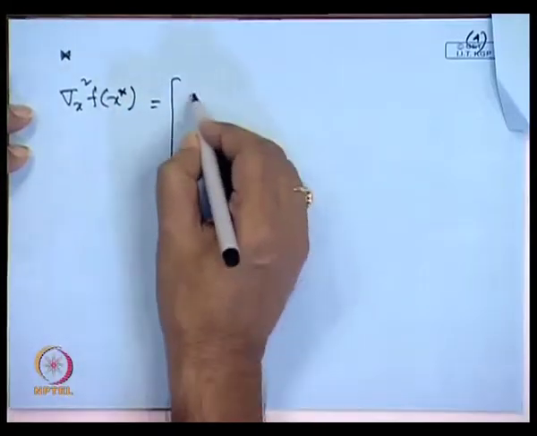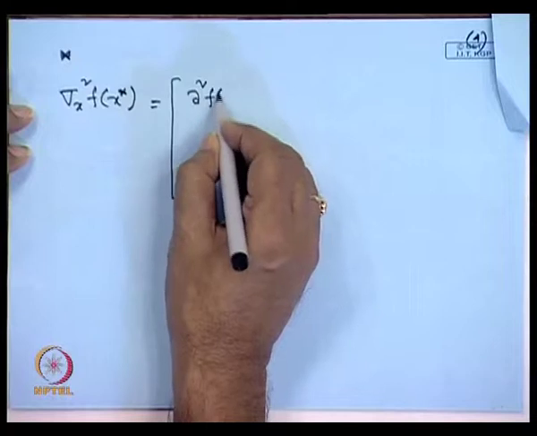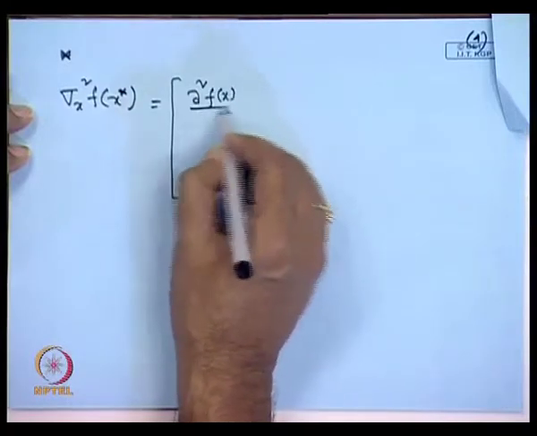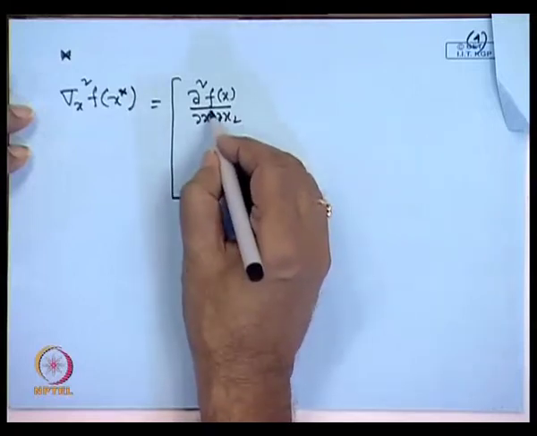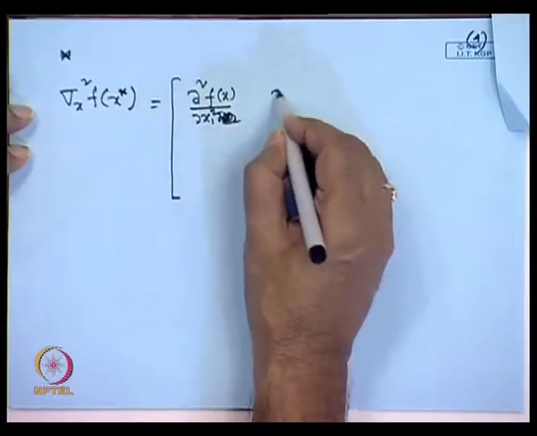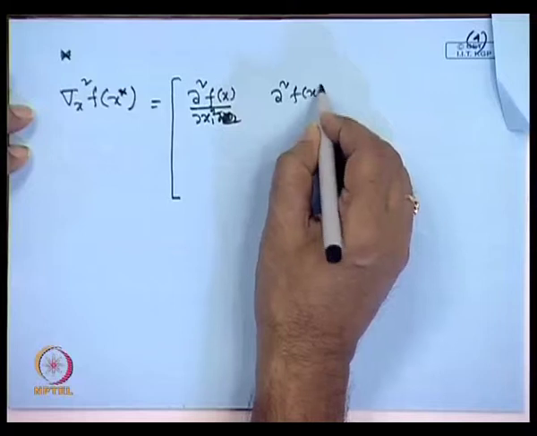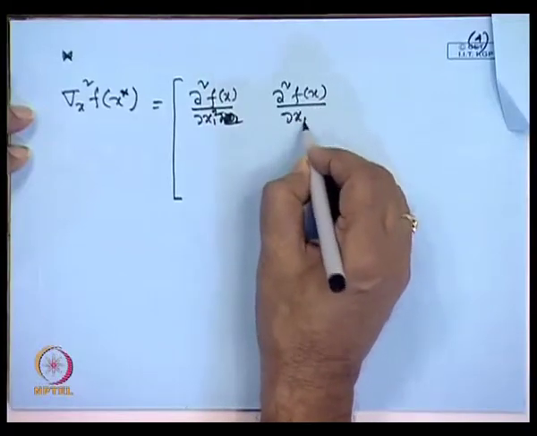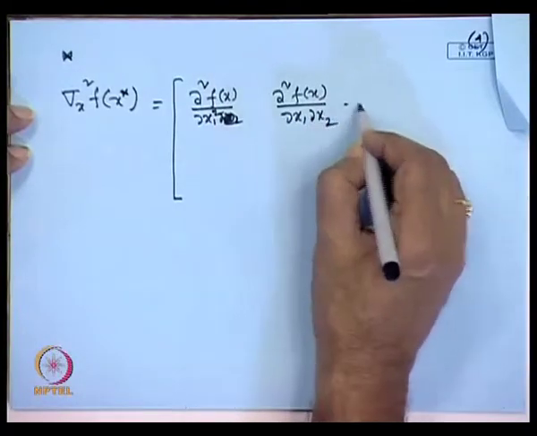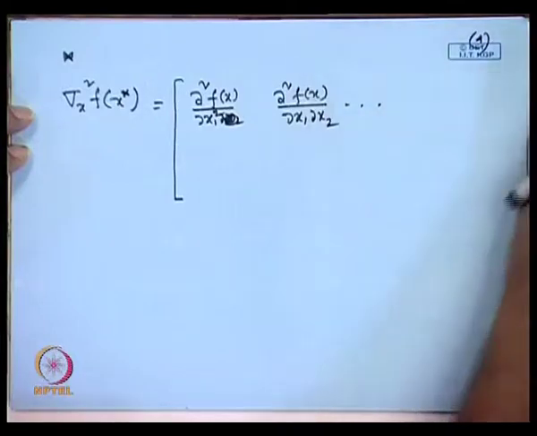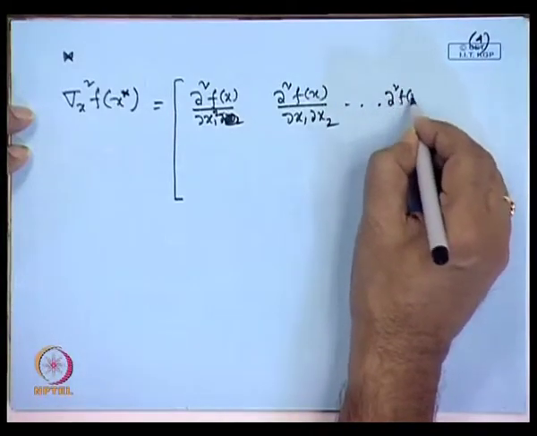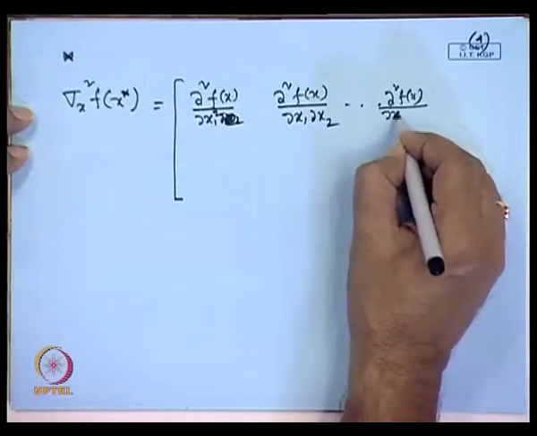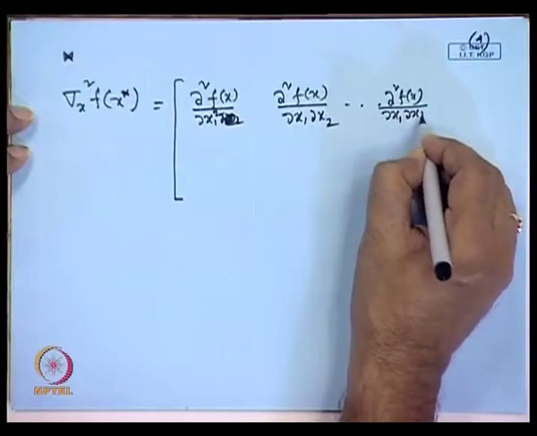If you recollect, this is nothing but the del square of f of x: del square f by del x 1 square, then del square f by del x 1 del x 2, and since we have n variables, up to del square f by del x 1 del x n.